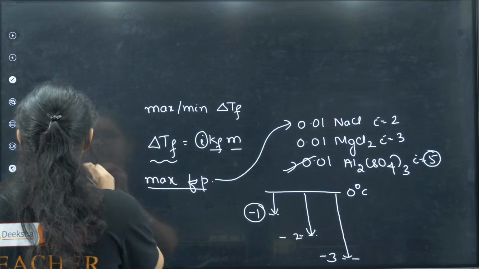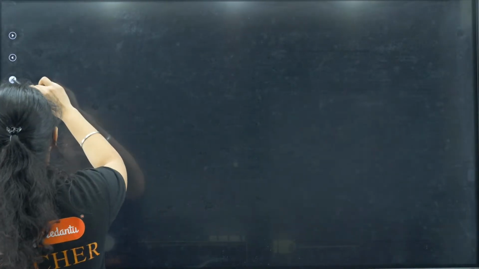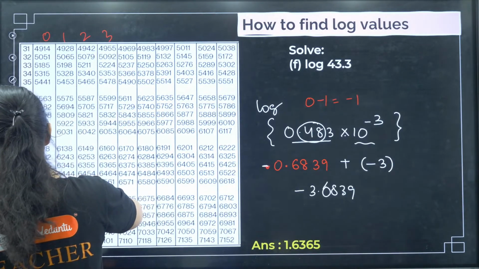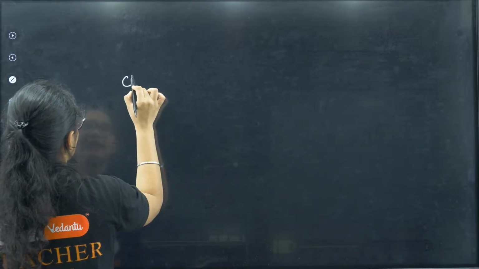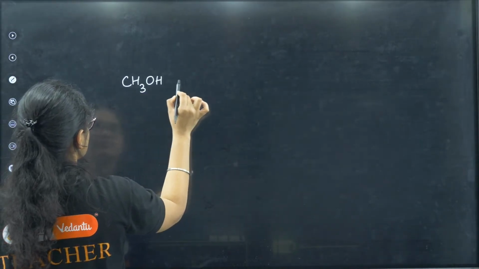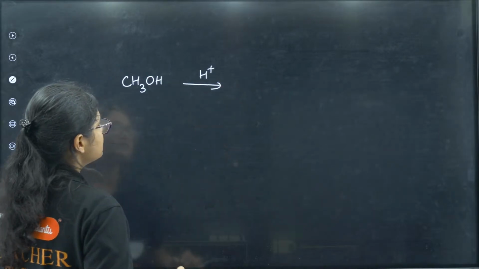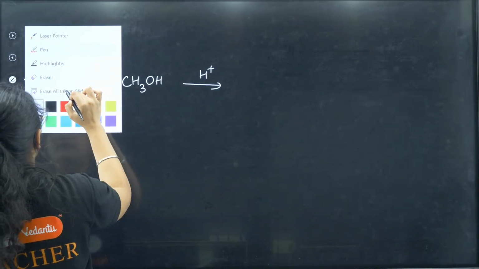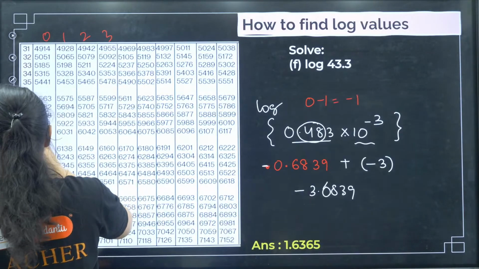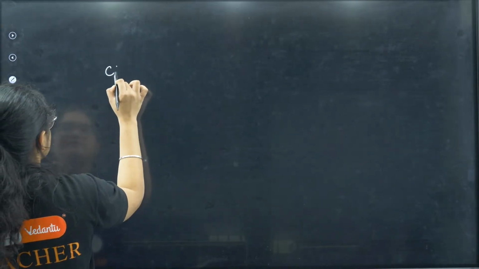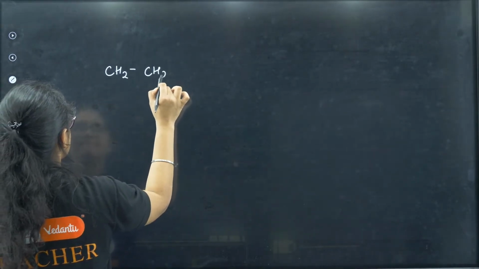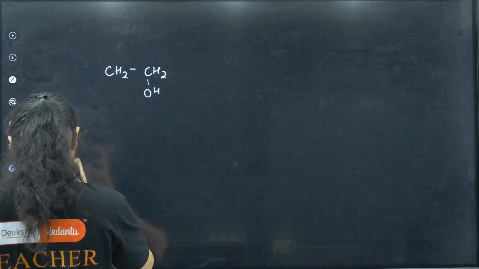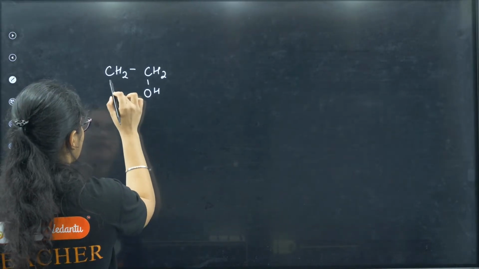Okay, so here's a question on the mechanism of dehydration. Suppose you have taken any alcohol, CH3OH, and then we have H plus. For dehydration I need a minimum of 2 carbons, so I will take 2 carbons: CH3CH2OH.